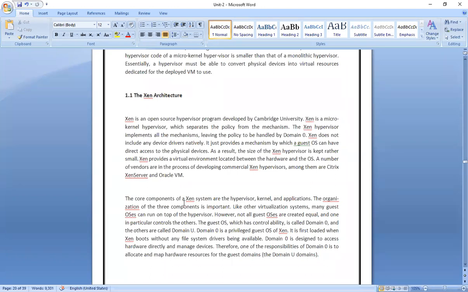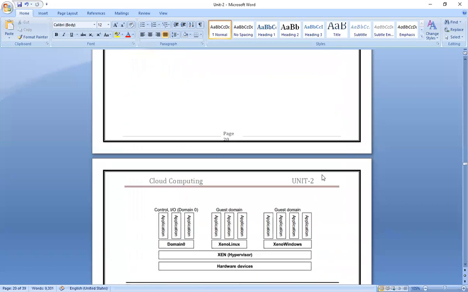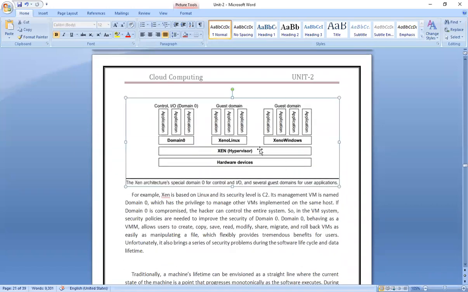The one that has the ability to control all other machines is known as domain 0, and all the other virtual machines are known as guest machines, guest domains, or domain U. So there is a concept of domain 0 and domain U. The one that has the control ability is known as domain 0, and all the rest of the guest domains are known as domain U. And this is the architecture.